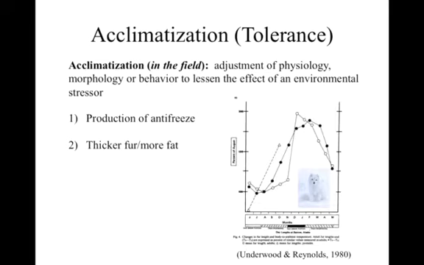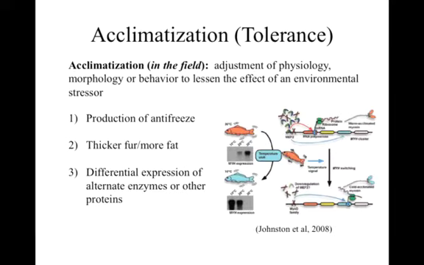Another example is you can produce thicker fur or more fat. The Arctic fox does this. If you take a look at the thickness of its fur coat, it's much, much thicker in January, February than it is in June and July. And again, that sort of protects it. And that's an example of acclimatization because it's a change in sort of morphology that enables the fox to deal with the environmental stressor of cold.